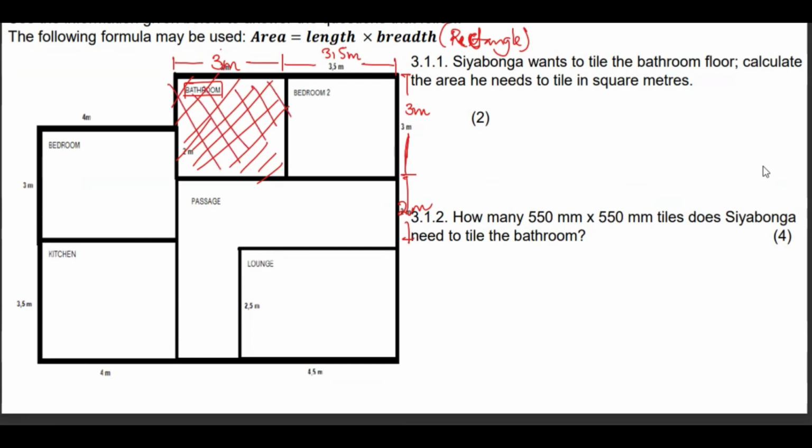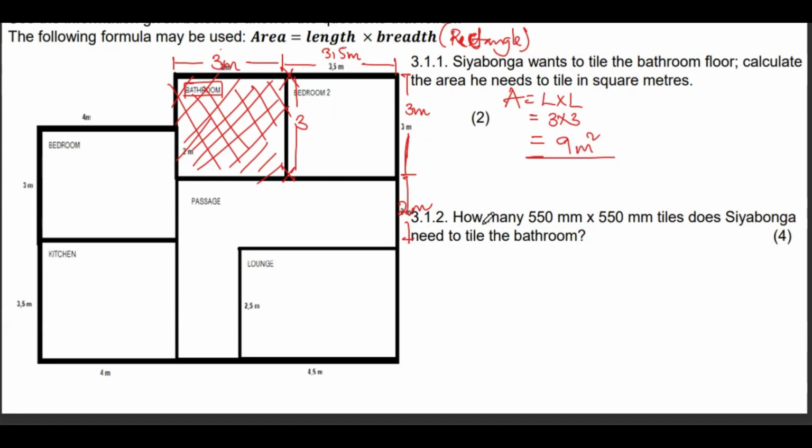So you ask yourself, the distance from here up to there, what is it? It's also 3. Then the area here will equal area equals length times length, which is 3 times 3. And the answer is 9 meters squared.